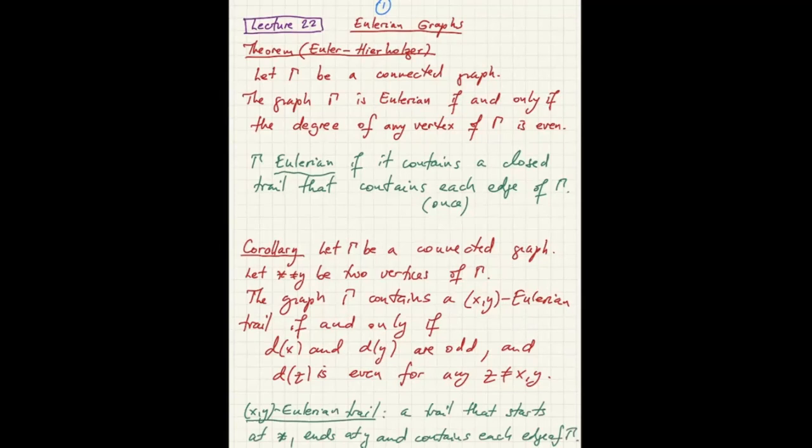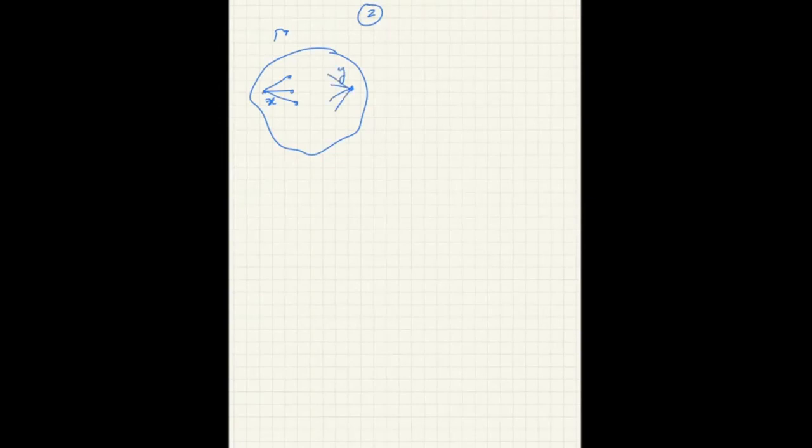So to prove this theorem, in some sense, this corollary is equivalent to the Euler-Hierholzer theorem. And here's how the equivalence works. So let's say here we have this graph gamma, and I have here the vertex X, which has an odd degree, and I have here the vertex Y, also with an odd degree.